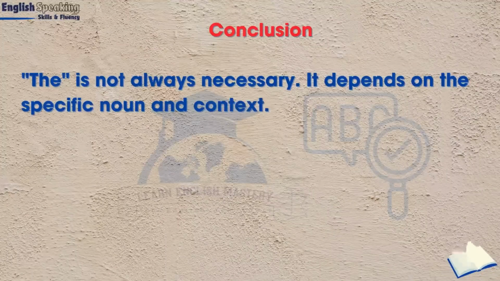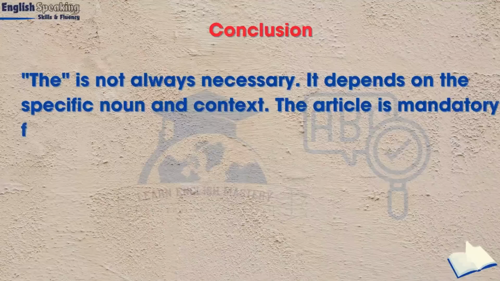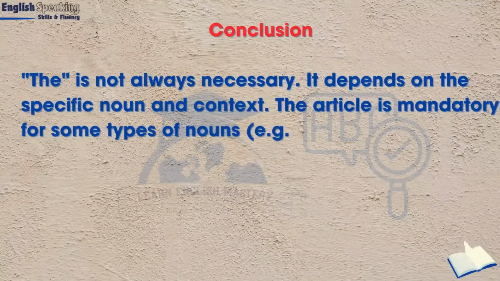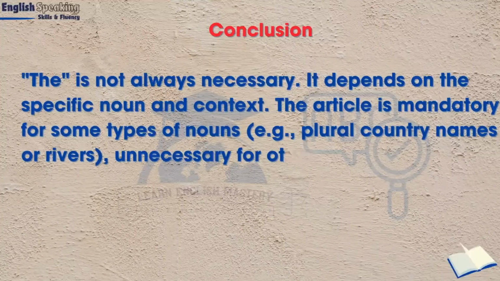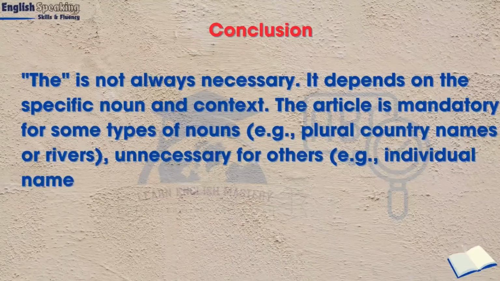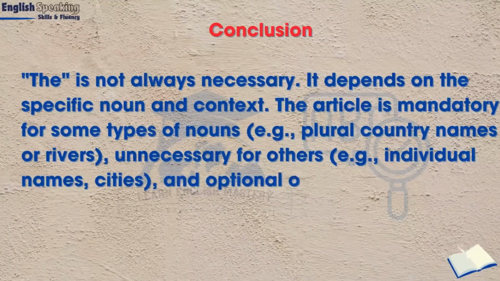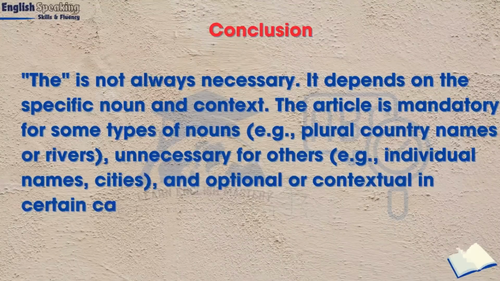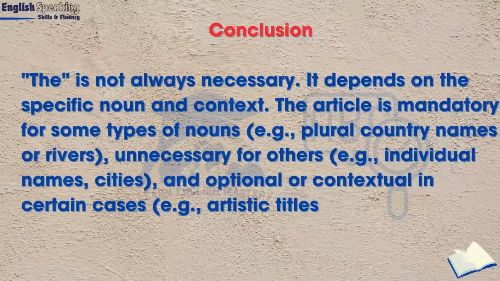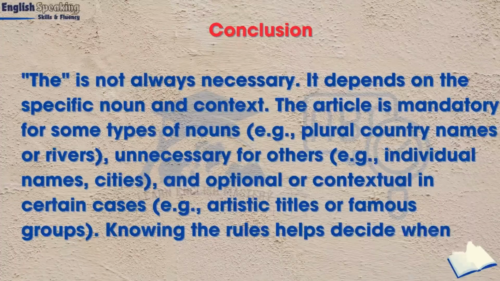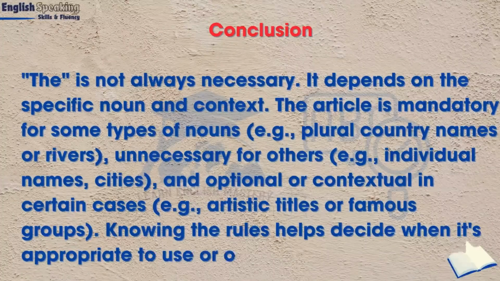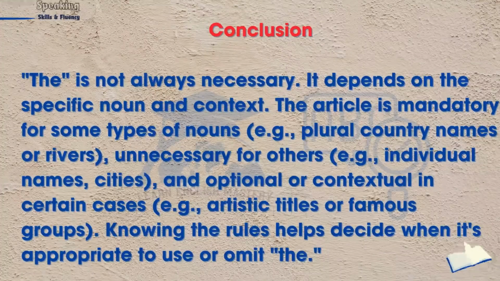It depends on the specific noun and context. The article is mandatory for some types of nouns, for example, plural country names or rivers, unnecessary for others, for example, individual names and cities, and optional or contextual in certain cases, for example, artistic titles or famous groups. Knowing the rules helps decide when it's appropriate to use or omit "the."